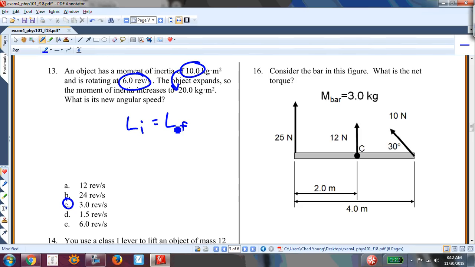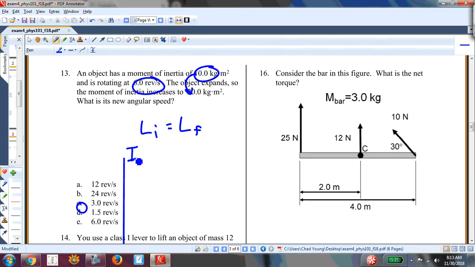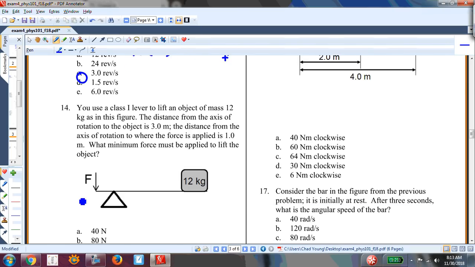Li is equal to Lf. I initial omega initial equals I final omega final. I initial is 10 times 6 equals 20 times omega final, and then that gives us omega final is equal to 3.